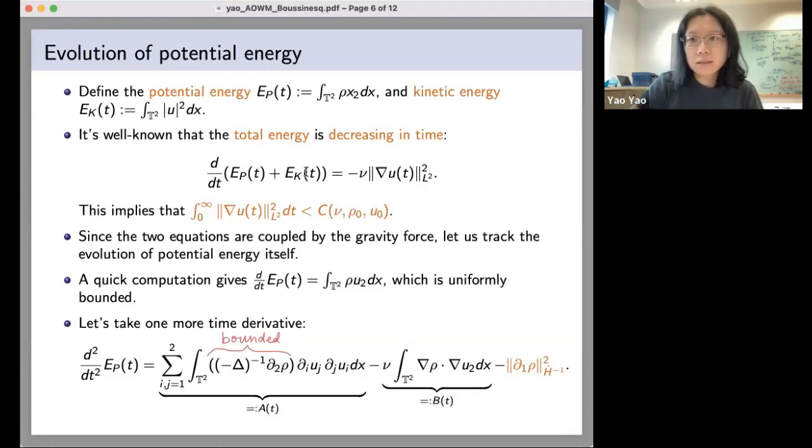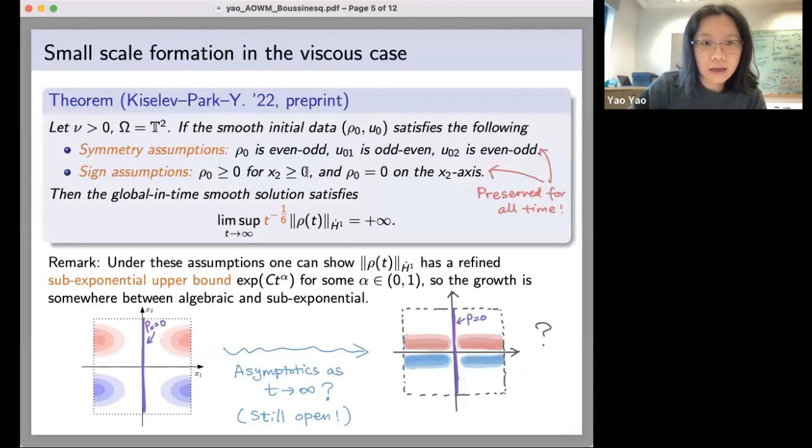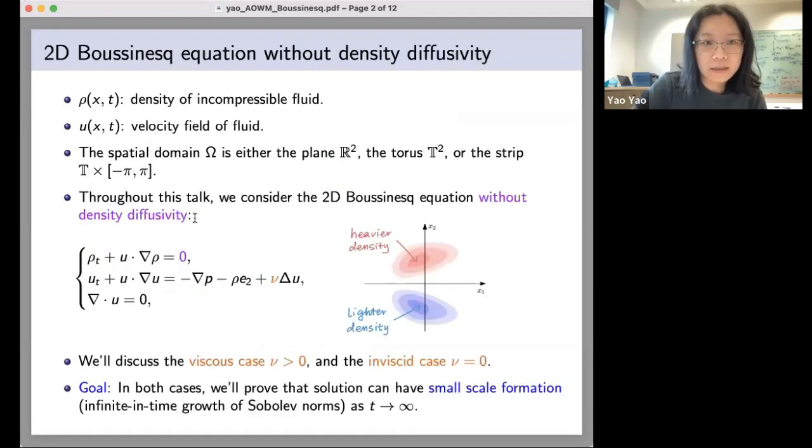And then the other conserved quantity is that, because we are assuming that rho does not have diffusion, the density rho is just transported by an incompressible velocity field. So in this case, all the L^p norms of rho are conserved.